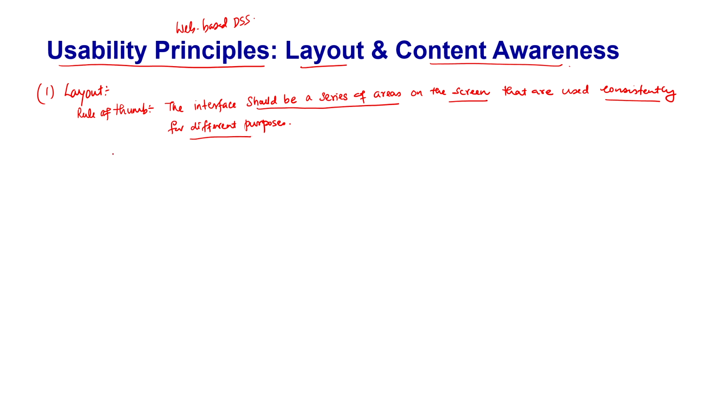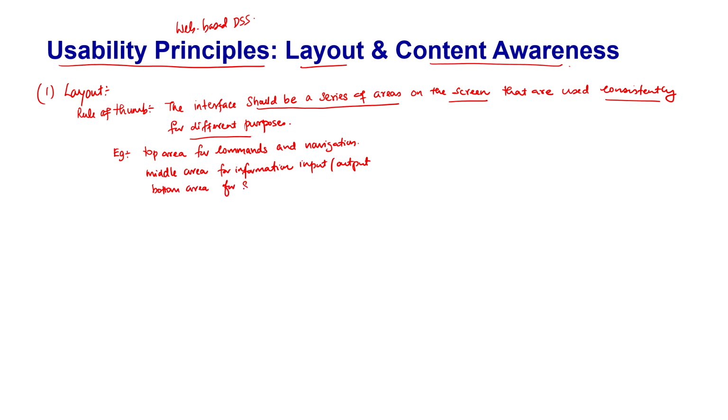So, like examples: the top area for commands and navigation. That is one thing. Middle area for information input or output, and bottom area for status information.